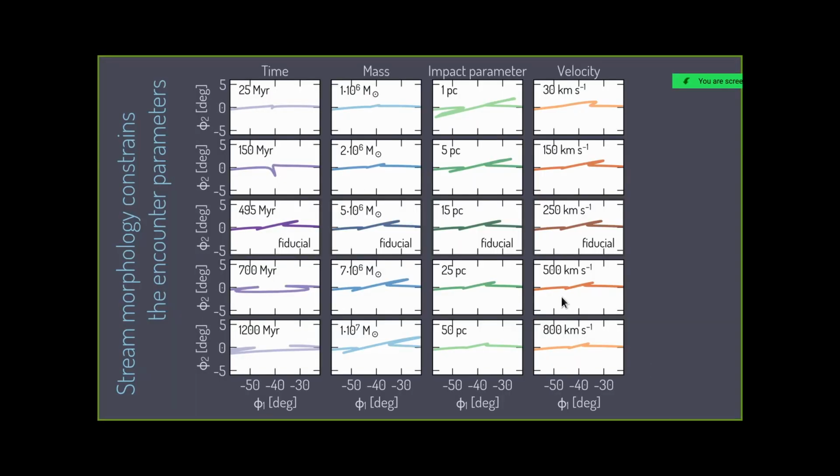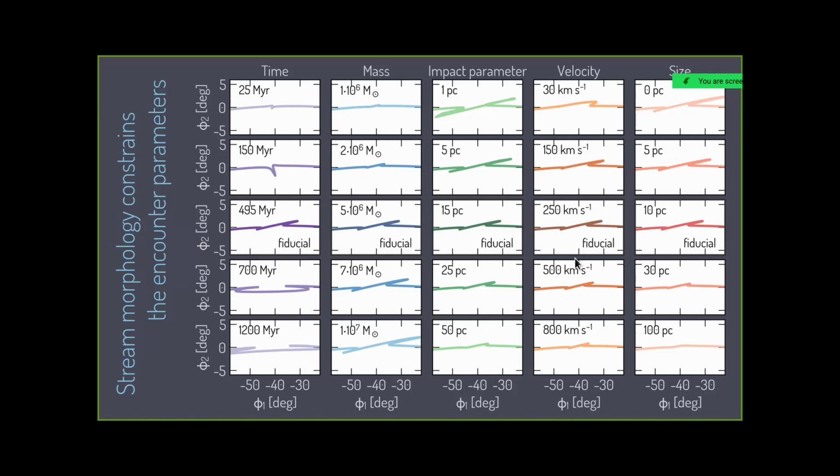Okay, if I can quickly shift to some backup slides. This is a little bit of an exploration of what happens when we change one parameter at a time. I'll be focusing here on the relative velocity between the stream and the subhalo, or the object, at the impact time.